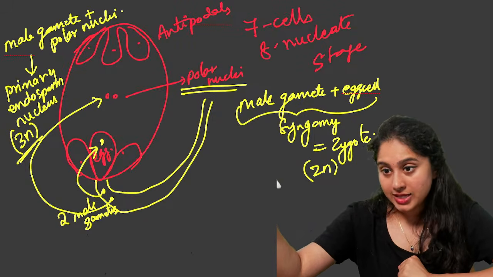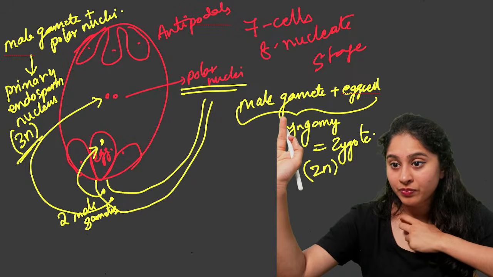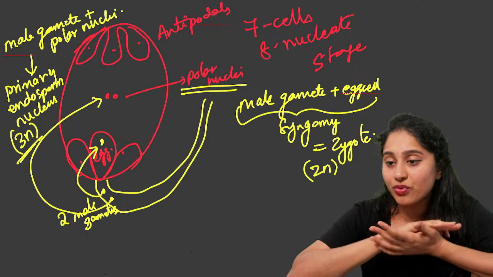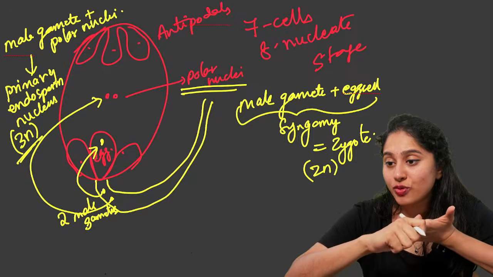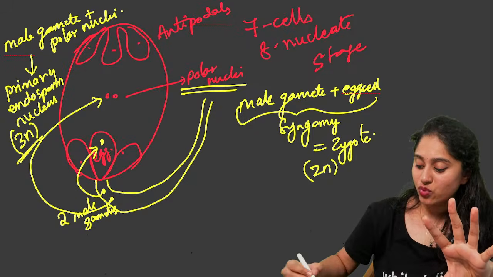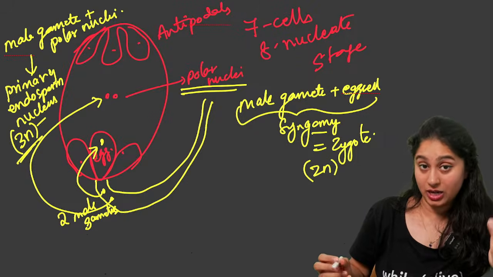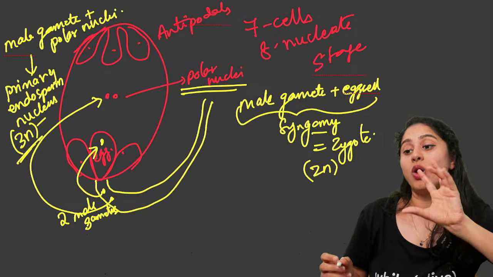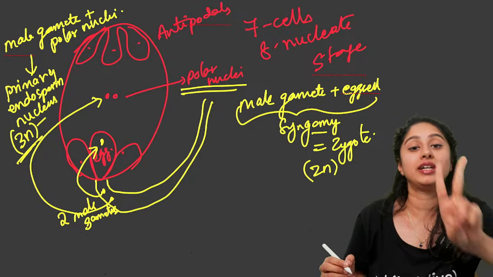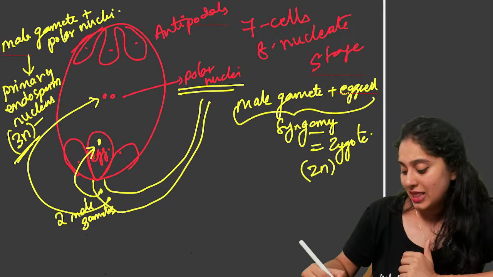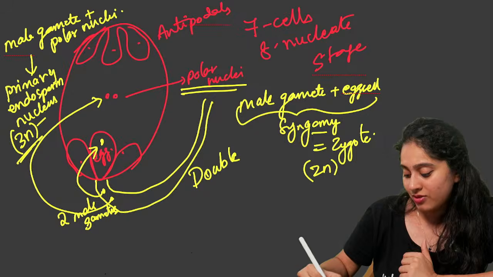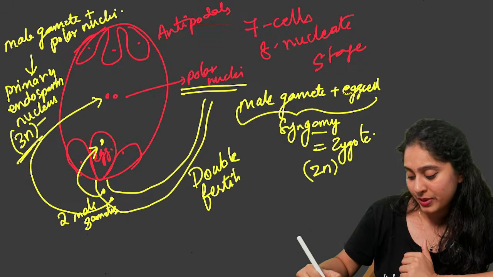Is that clear to all of you? Any questions so far? We have one fertilization that is syngamy and one fertilization that forms the endosperm nucleus. Altogether, 2 different fertilization processes are happening, and that is why we say that double fertilization has happened.